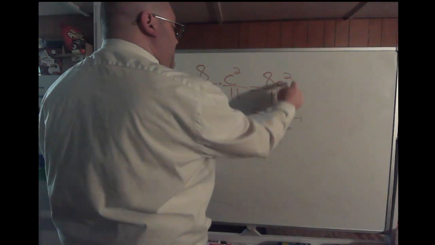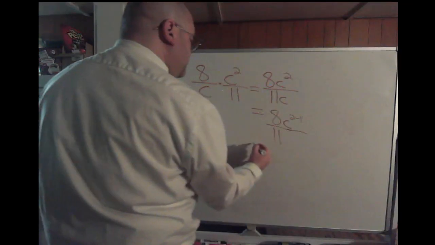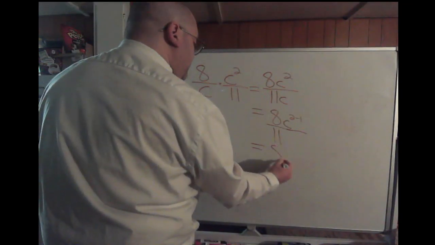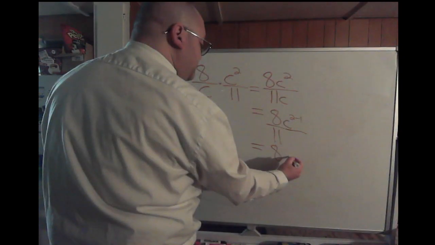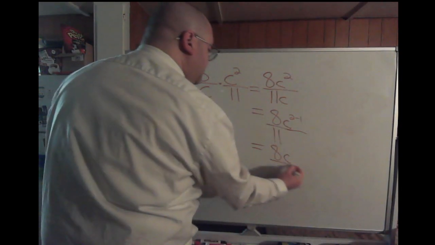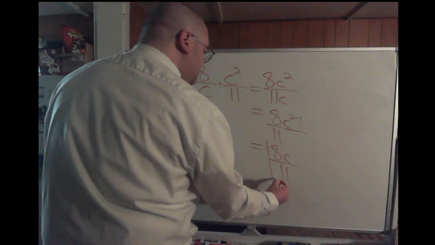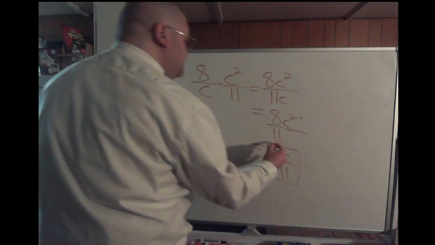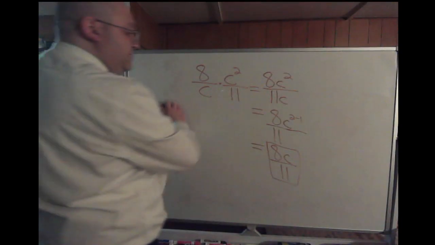You do the power in the numerator minus the power in the denominator. So now you have 8 in the numerator, c to the 2 minus 1, well, that's just c to the first, or just c. Then you have 11. So your answer to this is going to be 8c over 11. That's exactly what you would get, 8c over 11.